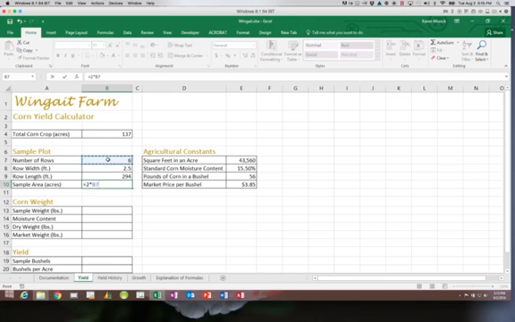Then they also have to multiply that by the width of the rows, which is in B8. And they multiply by the length of the rows, which is in B9. And then they are going to divide by the square feet in an acre, which is over here in E7.